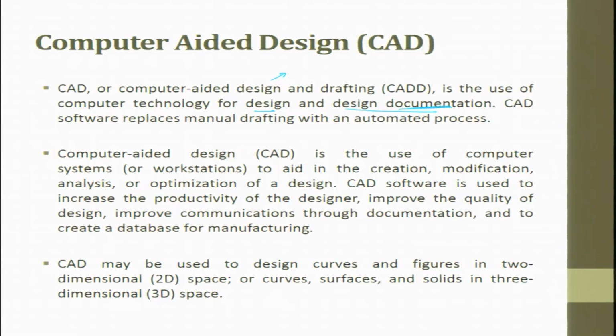Computer aided design is the use of computer systems to aid in the creation, modification, analysis and optimization of design. CAD software is used to increase the productivity of the designer, improve the quality of the design, improve communication through documentation and to create a database for manufacturing.